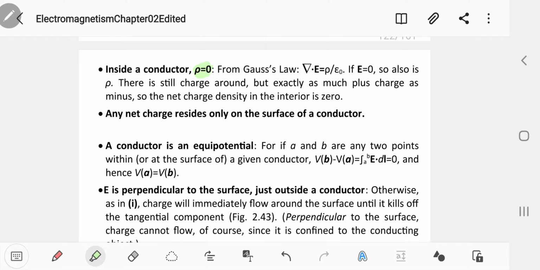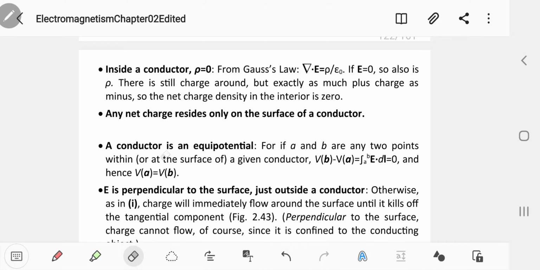Any net charge, this is very important, any net charge resides only on the surface of the conductor. That's very important. The total charge inside is equal to 0, but the net charge will only reside outside the conductor. That's why when you touch a metal, sometimes you will feel that it bites you, because of the charges that are present at the surface.